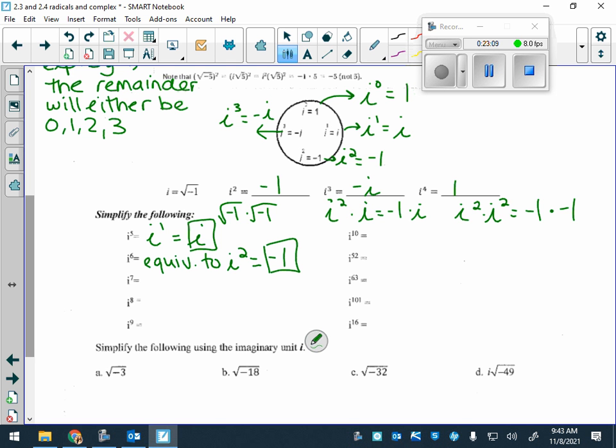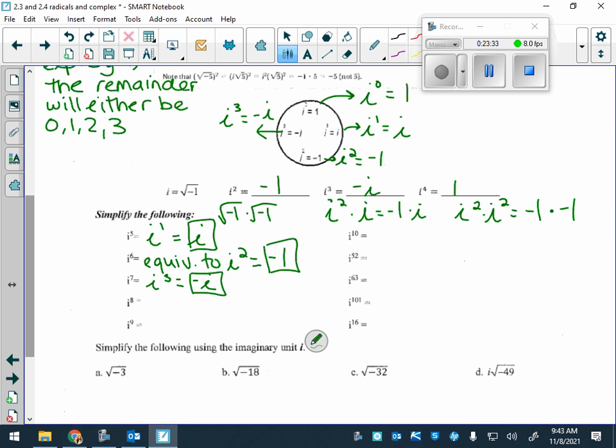4 goes into 7 how many times? Once. How many are left over? 3. So i to the seventh is equivalent to i cubed, which is what? Negative i. And the last one, so you could see it come full circle. 4 goes into 8 how many times? Twice.